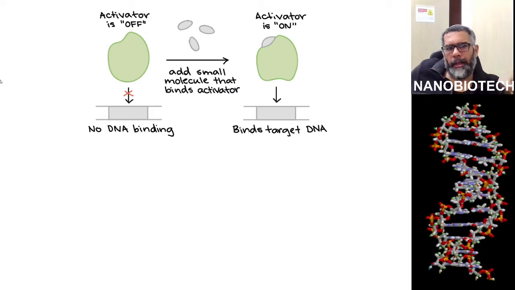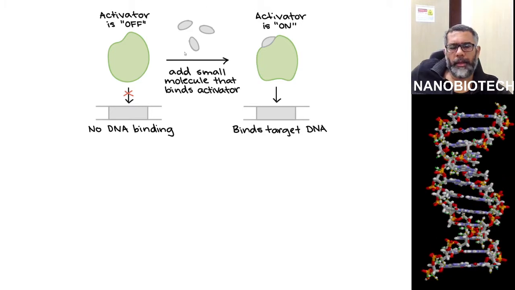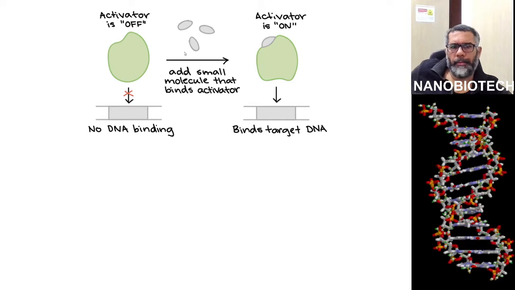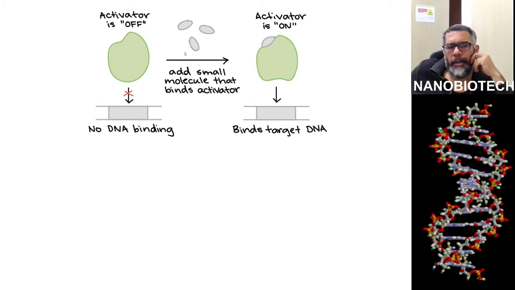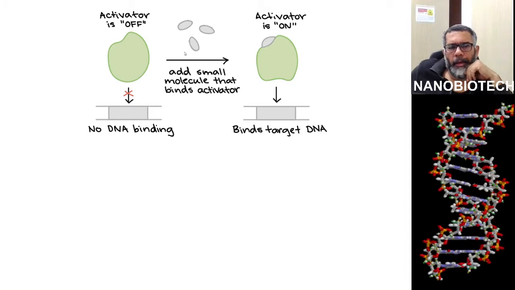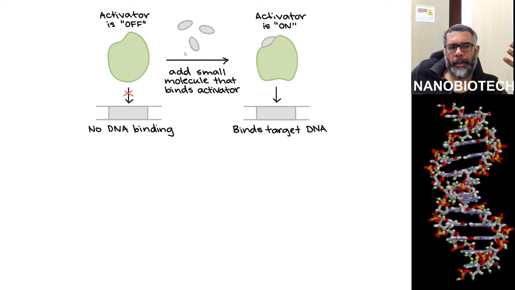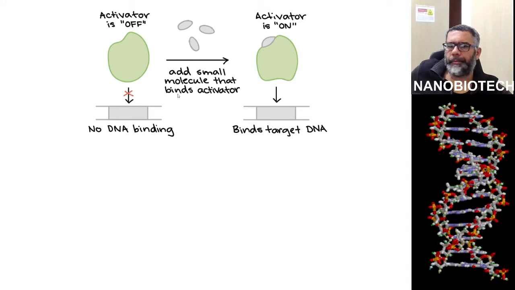Where do the regulatory proteins come from? Okay, so that's the question. Like any other protein produced in an organism, they are encoded by genes in the bacterium's genome. The genes that encode regulatory proteins are sometimes called regulatory genes.